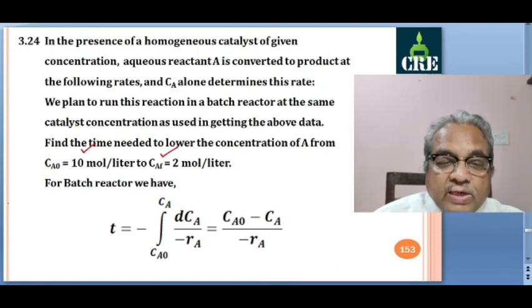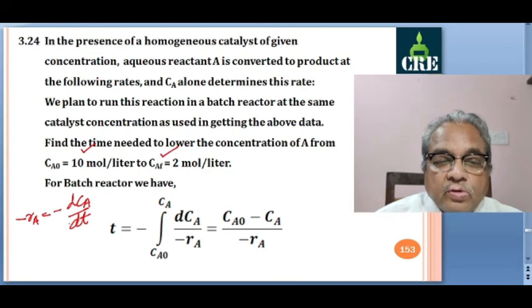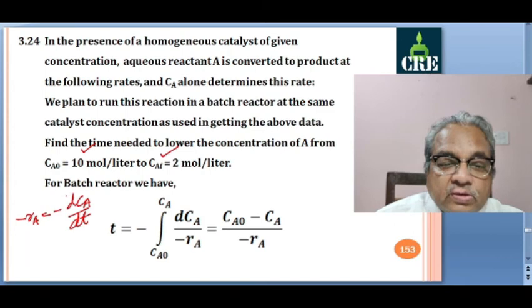So for the batch reactor, now you know this minus Ra is equal to minus dCA by dt. So if I transfer the variables, what I get is dCA by minus Ra is equal to dt. You integrate both the sides.